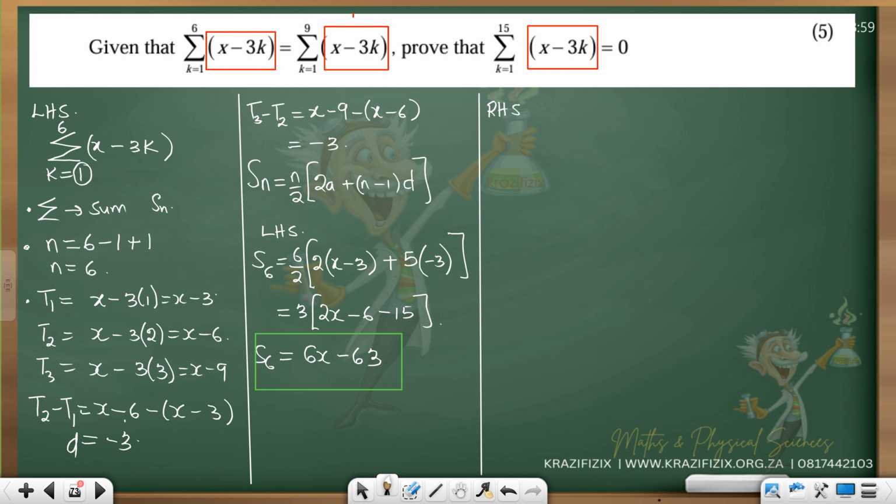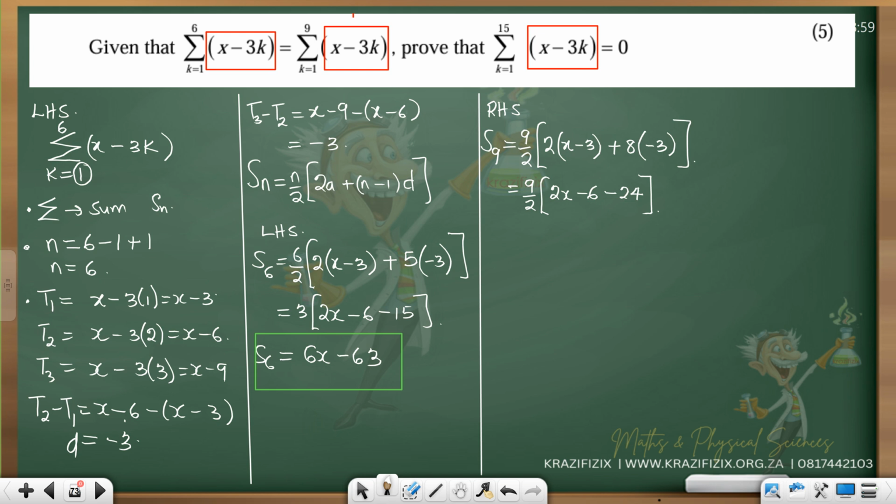Let's simplify it. It is the same Tn, so I don't need to worry. I know it's 9 terms because top minus bottom. Can I jump into the formula? 9 over 2. What's my A? My A is the same. Plus, now my n is 9. 9 minus 1 is 8, and that would be negative 3. What will this one be? 9 over 2 times 2x minus 6 minus 24, and that would give us negative 30.